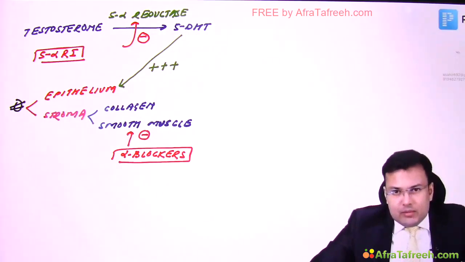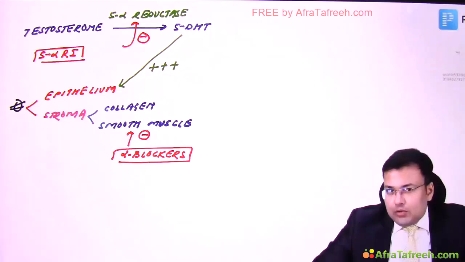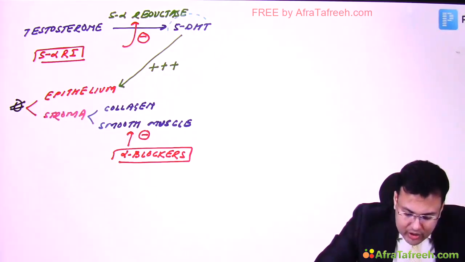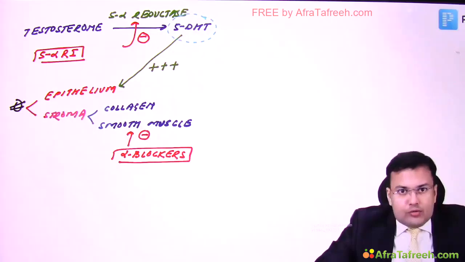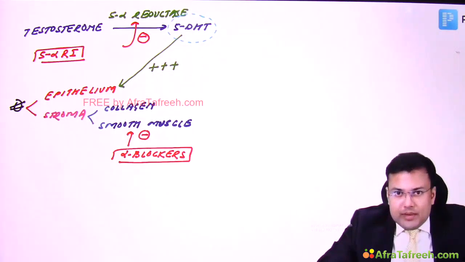Right? What is the problem with 5-alpha reductase inhibitors? See, suppose today I'm going to start 5-alpha reductase inhibitors. What is the problem? Yes, there is already some amount of 5-dihydrotestosterone which was formed initially. So until and unless the whole 5-dihydrotestosterone is finished, the action of 5-alpha reductase inhibitors won't be predominant.